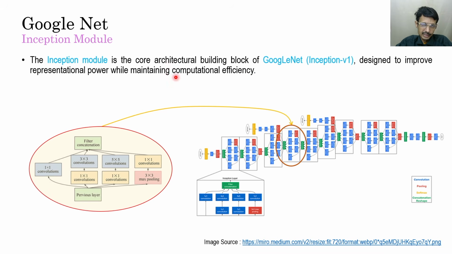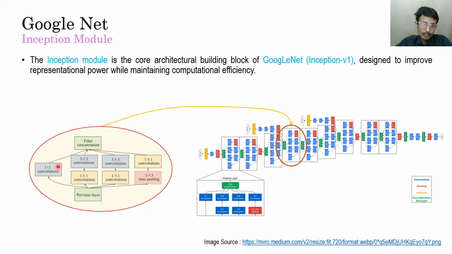From the previous layer it first goes through 1 cross 1 convolution layers, which act as a bottleneck. Then the main idea is the parallel branches, 3 cross 3 and 5 cross 5 alongside 1 cross 1, and then concatenate.